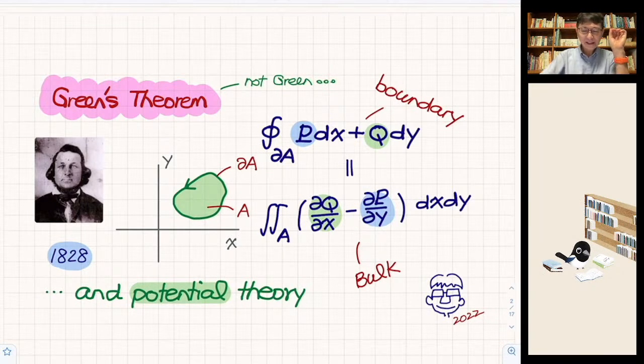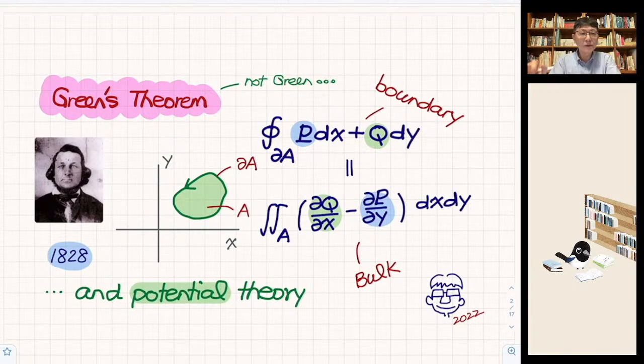Let's look slightly deeper into Green's Theorem, and you will find it really cute. The whole idea is that you have two functions, P and Q. And you integrate P dx plus Q dy along this closed contour, which is the boundary of an area A. So I write it as partial A to denote their connection. A denotes the green area, and partial A denotes this closed contour.